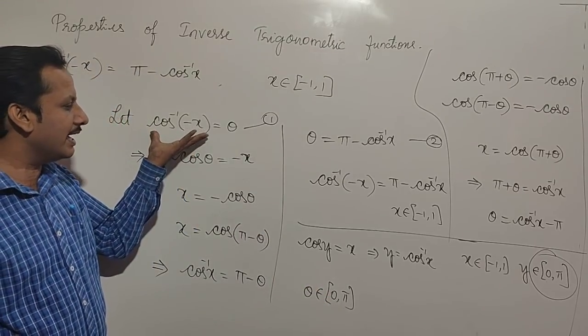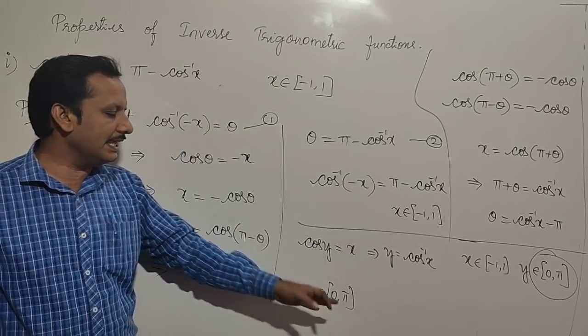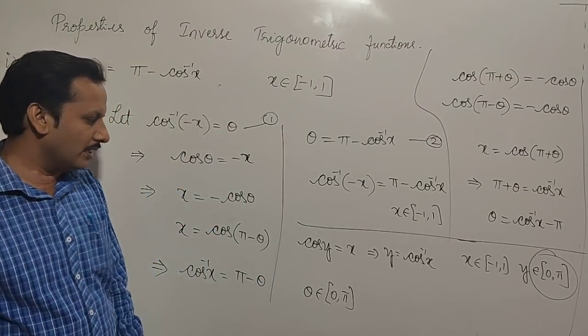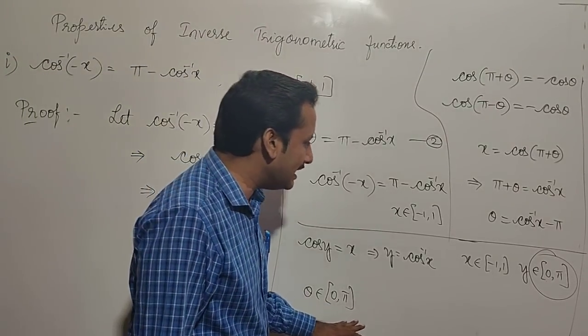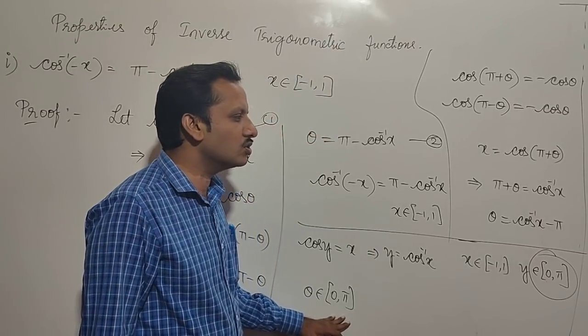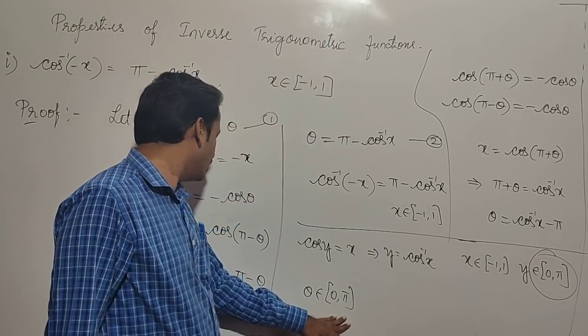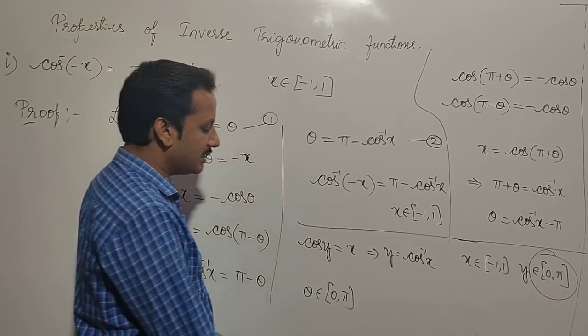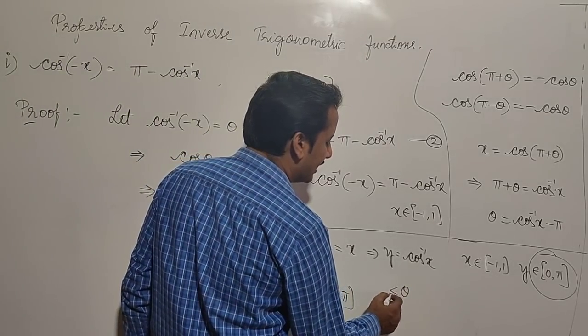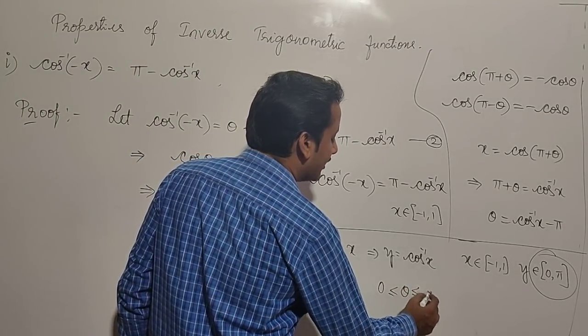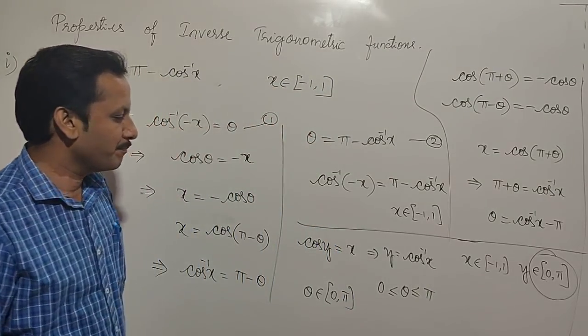So cos inverse of any value must lie in this interval. Theta belongs to closed interval 0 to pi. In other words, I can write theta is greater than or equal to 0, less than or equal to pi.